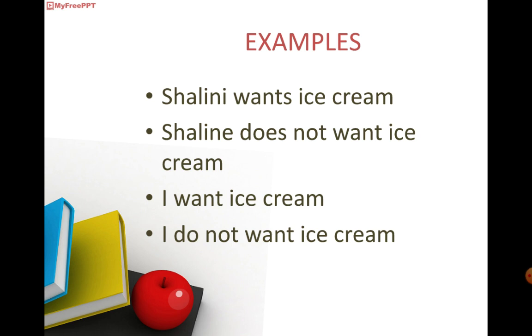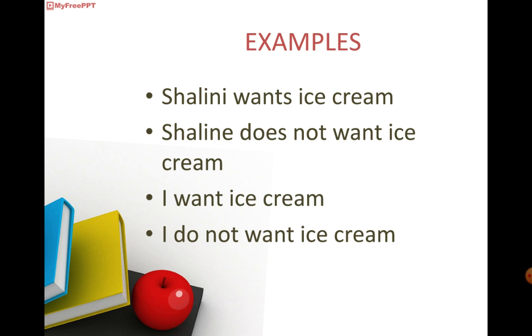Next example, I want ice cream. So, in this sentence, to make it negative, we should add do not. So, I do not want ice cream or I don't want ice cream. I hope you understood this kind of sentences.